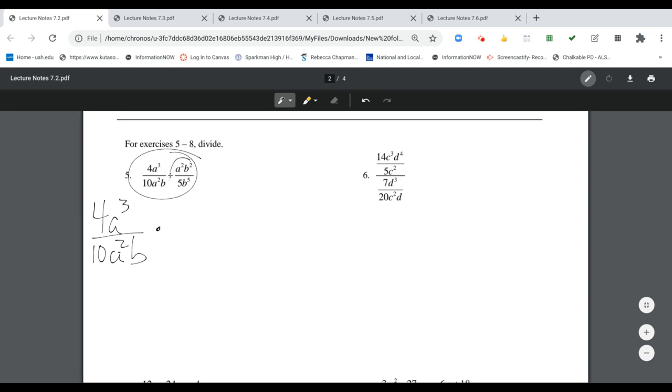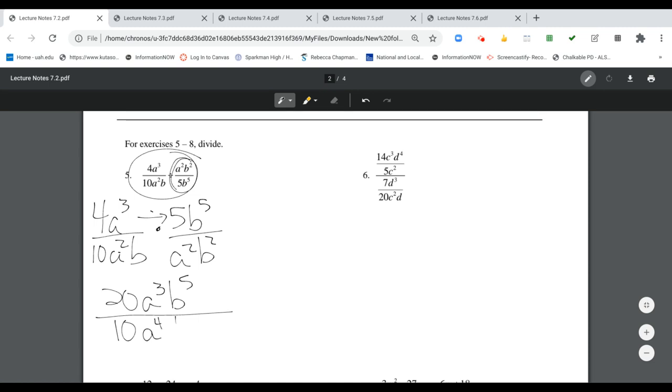So I'm going to take the second fraction and I'm going to flip it. So 5b to the 5th over a squared b squared. Now when I multiply straight across the top, I get 20a to the 3rd b to the 5th. When I multiply across the bottom, I get 10a to the 4th b to the 3rd. The zeros cancel, so I'm left with 2 on top.